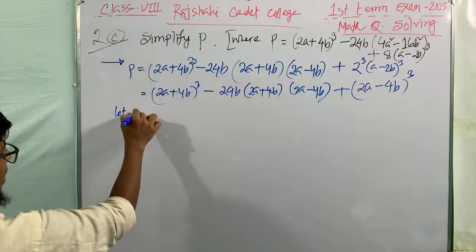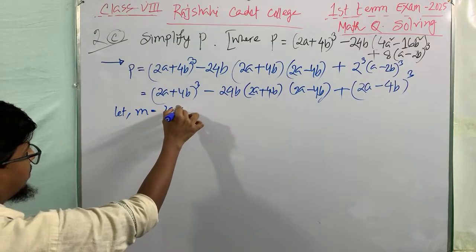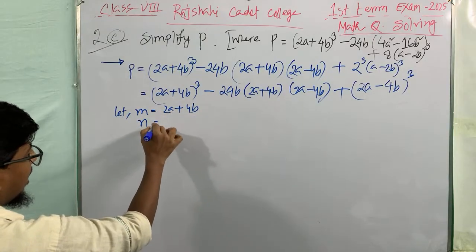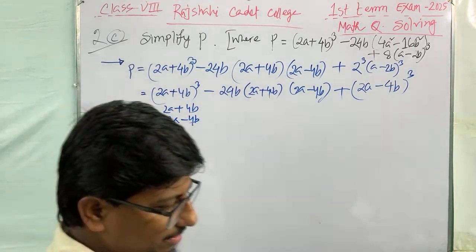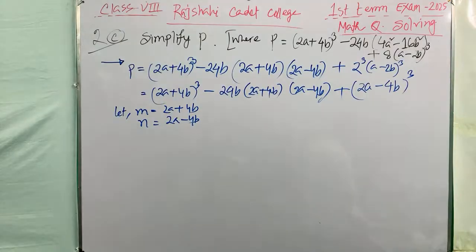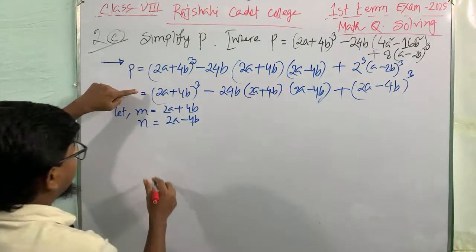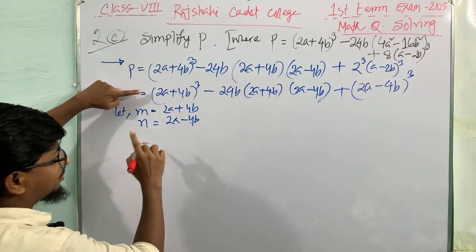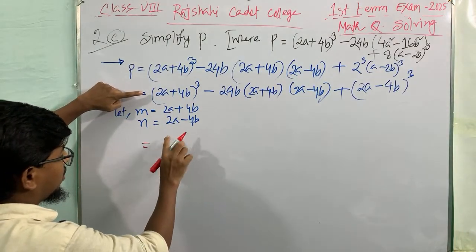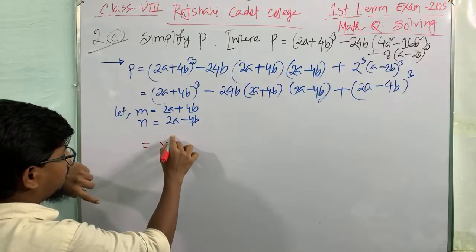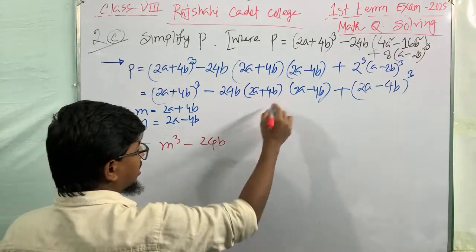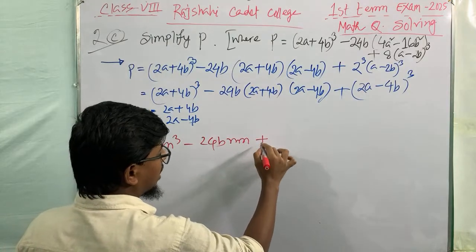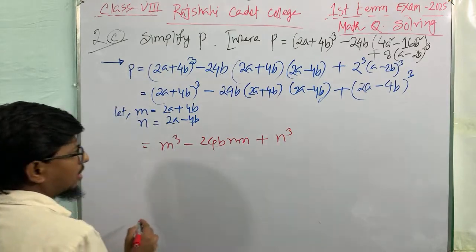So let m is equal to 2a plus 4b and n is equal to 2a minus 4b. Okay, so the expression will become m cube minus 24 times b m times n plus n cube.